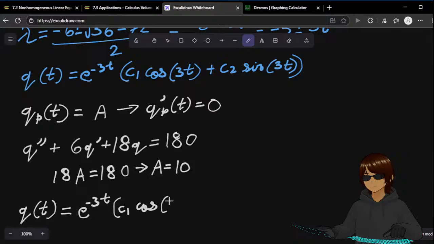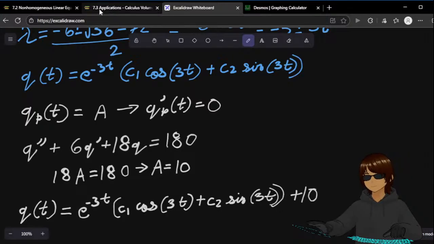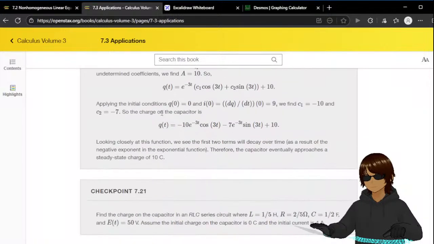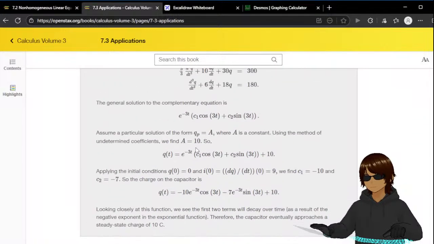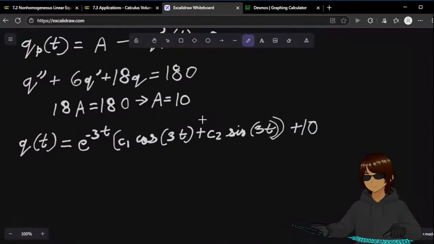C1 cos 3t plus C2 sin t plus 10. Applying initial conditions, Q(0) is equal to 0. Now we apply the conditions.